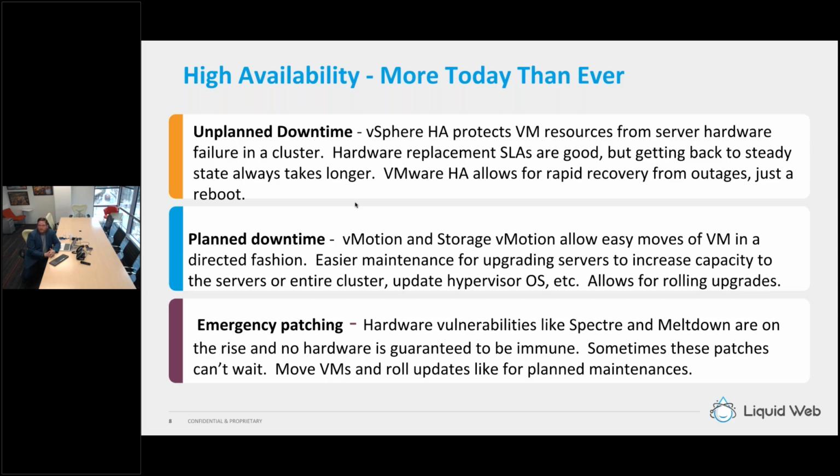The third, and what in the last 2 years has become ever more evident, is increasing hardware vulnerabilities. I think probably everyone in technology is aware of Spectre and Meltdown, which came late 2017. Last year we had another variant of Spectre and Meltdown. Some forecasts are that we'll have several dozen more hardware vulnerabilities in the next few years, and no hardware is guaranteed to be immune. I know going through reboot cycles with customers, especially on public clouds, that's one of the things you do give up in almost any public cloud: control.